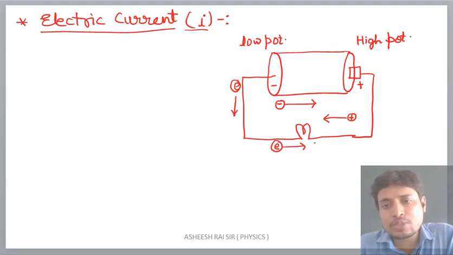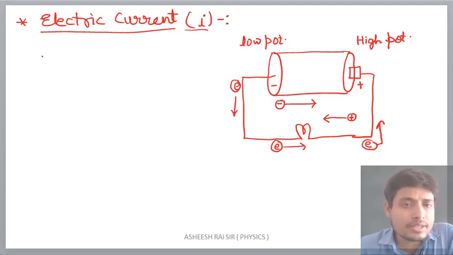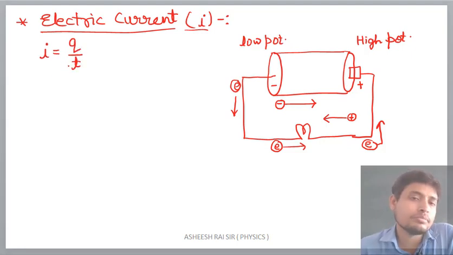And due to this flow of electrons, meaning the flow of charge, the electric current is made in the circuit, and that electric current is calculated by the formula I is equal to Q upon T.